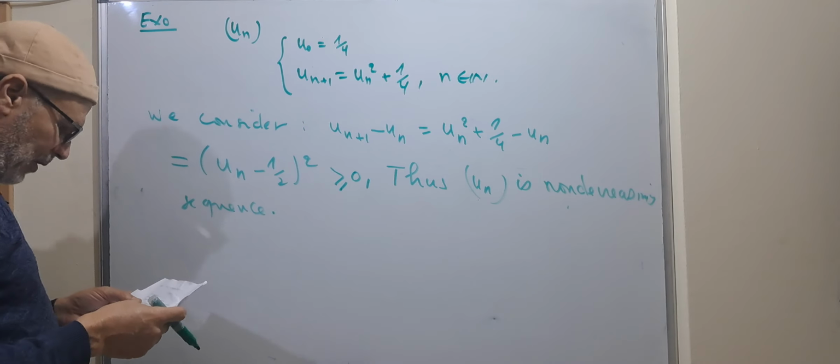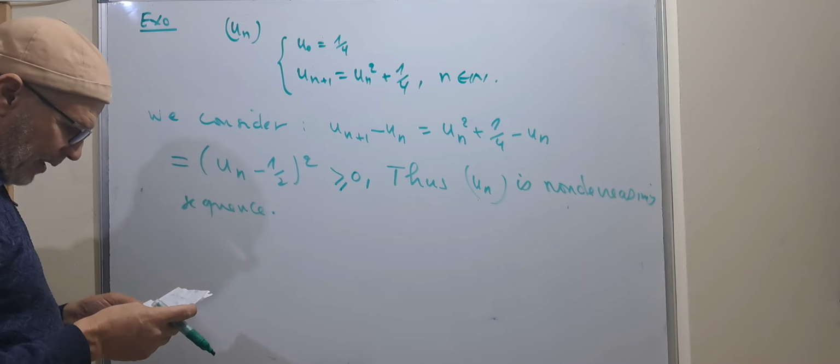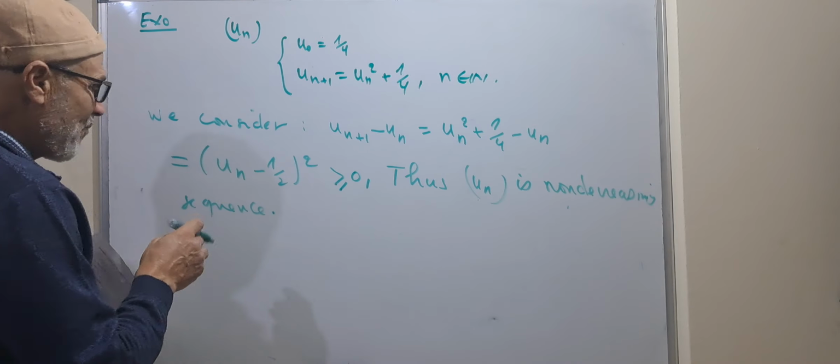The third question, deduce the nature of Un and find its limit if it is convergent.